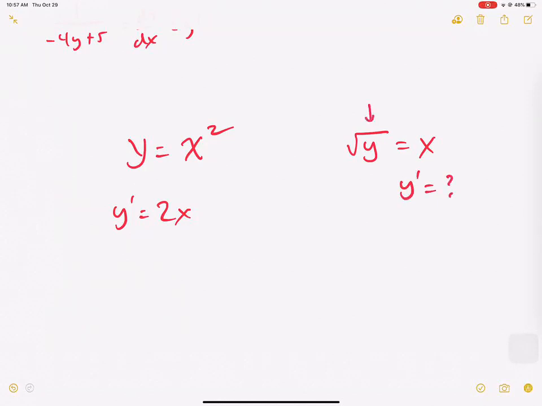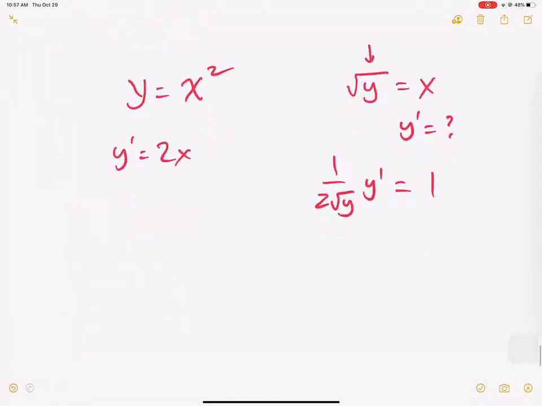The derivative here would be 1 over 2 square root of y, times y prime, is equal to 1. That's good, right? Straight memorization. Solving for y prime, it is equal to 2 square root of y. But take a look: isn't square root of y just x?